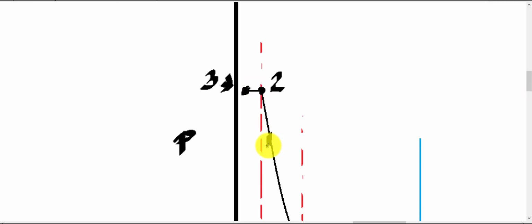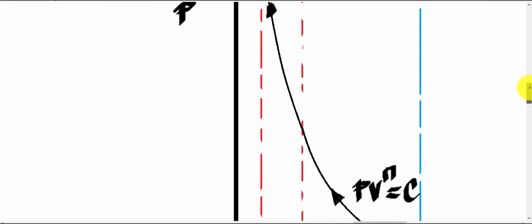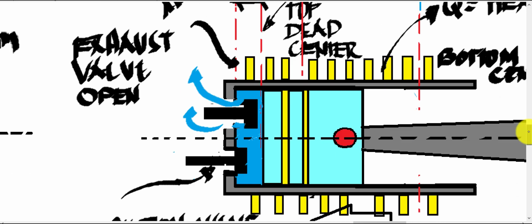So this is our point 3. That will be going out from the cylinder compression. So that is the air that is going out at a high pressure.